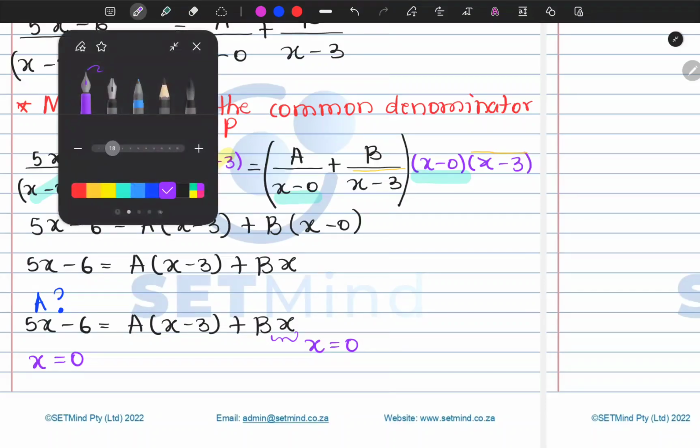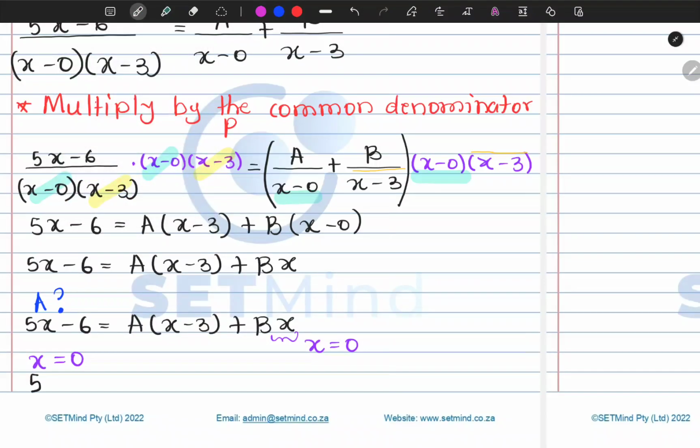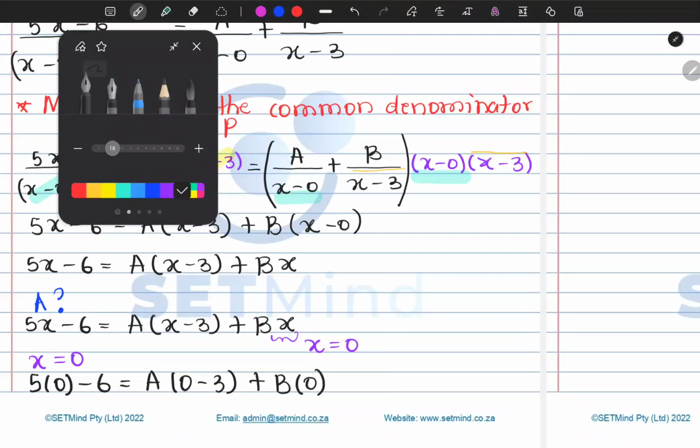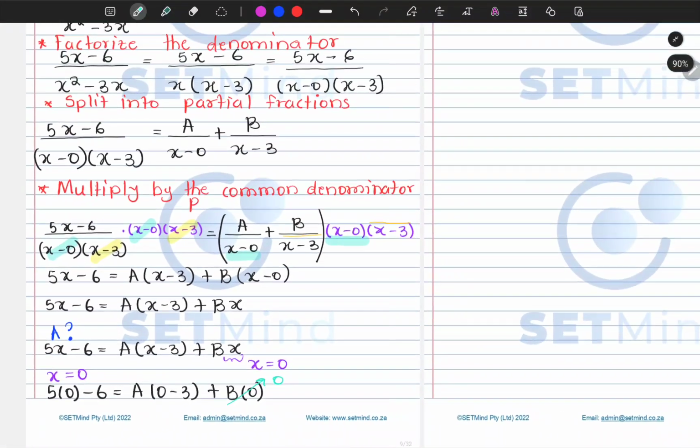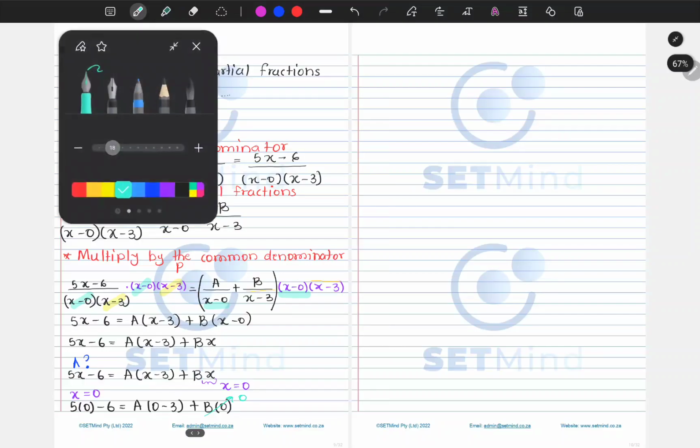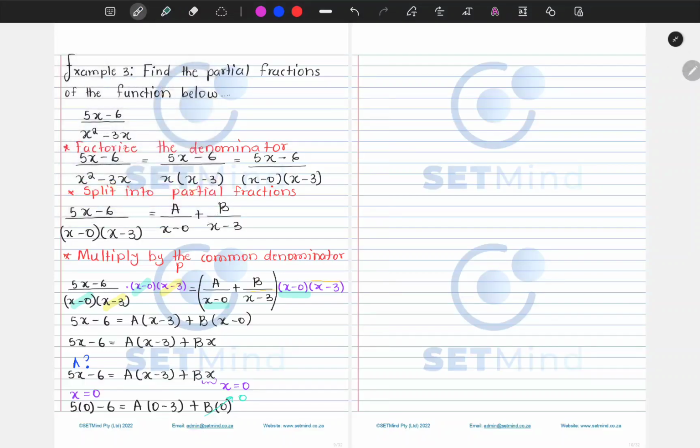So let's set x to be 0, and wherever we see x, we put in 0. So this will be a into 0 minus 3 plus b multiplied by 0. And that term becomes 0 as we need it to be, so that we only have a which we need to deal with.